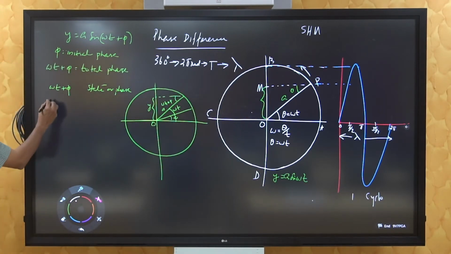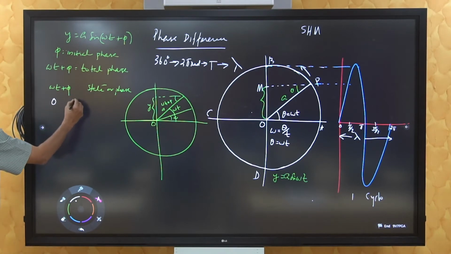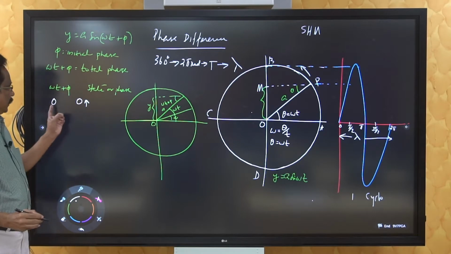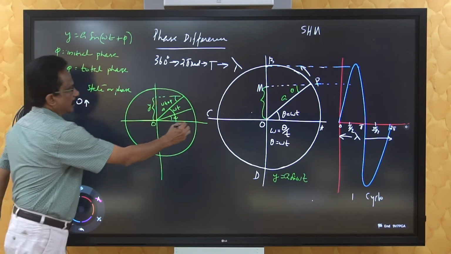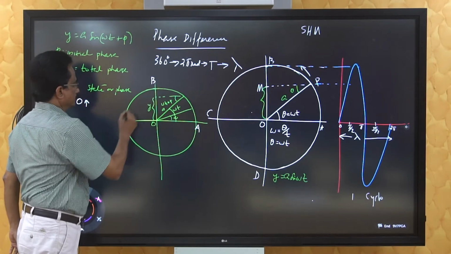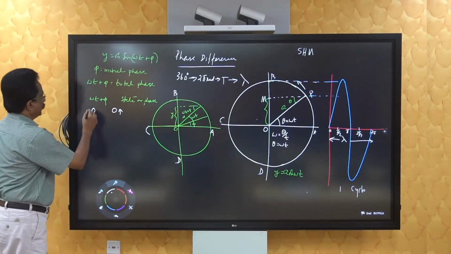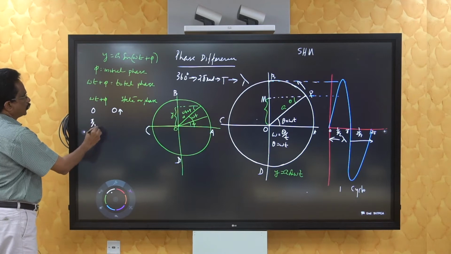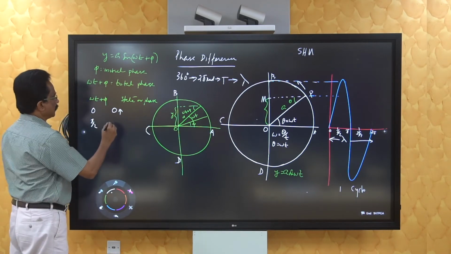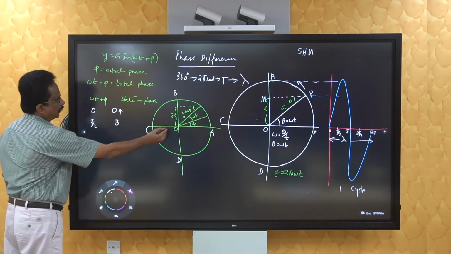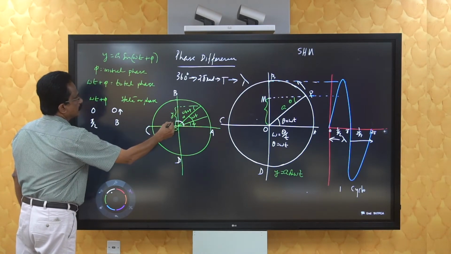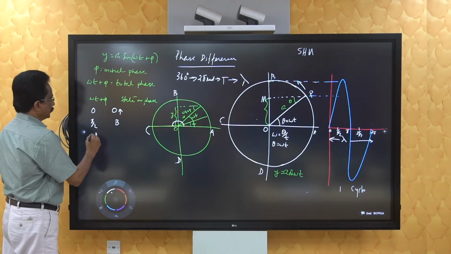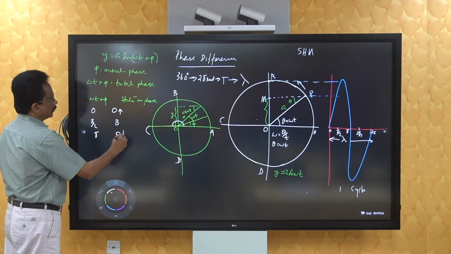When omega t plus phi is equal to 0, the particle crosses equilibrium position in the upward direction. When omega t plus phi is equal to pi by 2, the particle reaches the maximum displacement B. When phase angle omega t plus phi is equal to pi, the particle crosses equilibrium but downward.